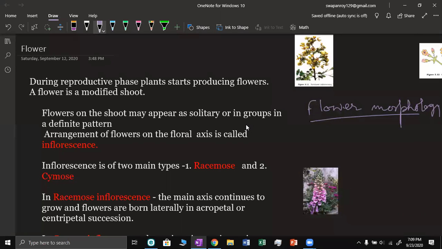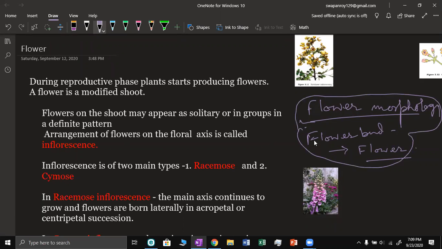When the plant comes to the reproductive phase, the vegetative buds start forming the reproductive bud, that is the flower bud, and this ultimately forms flowers.